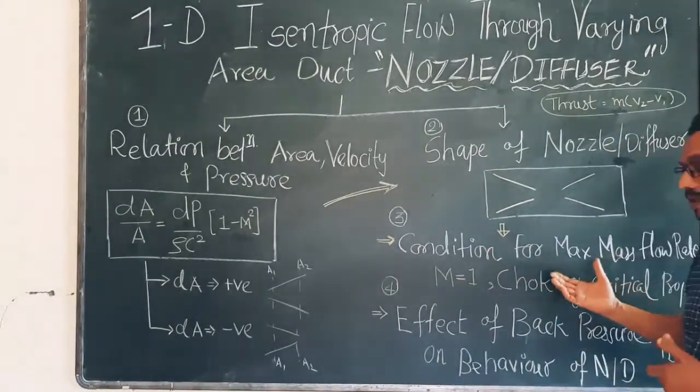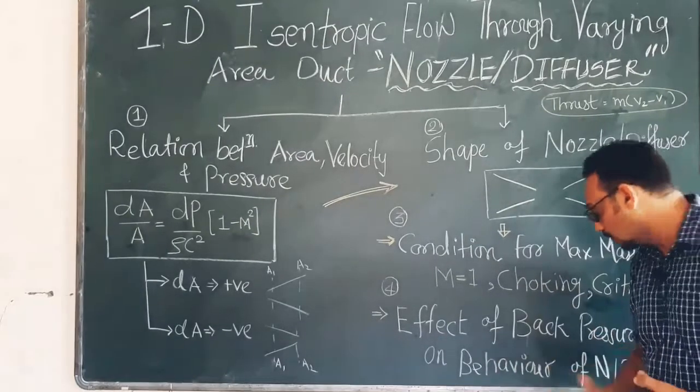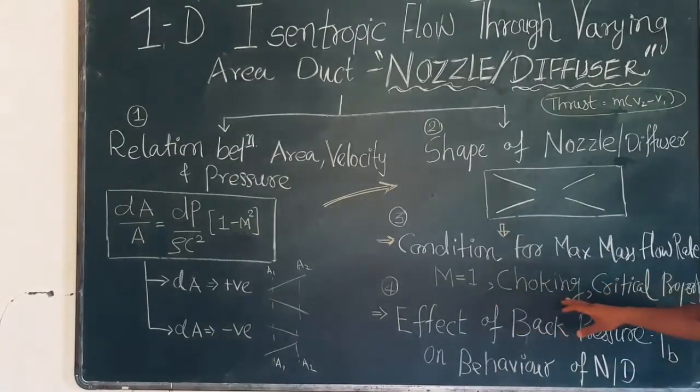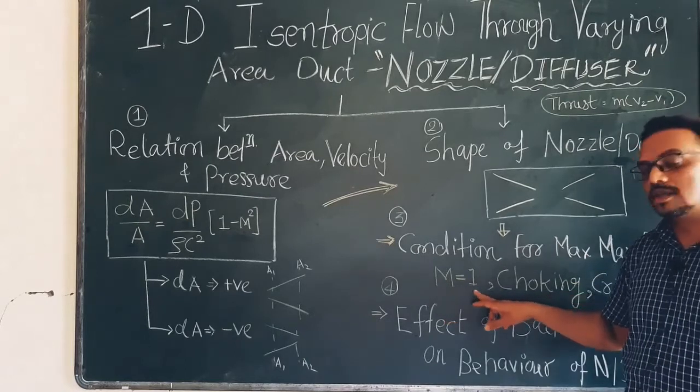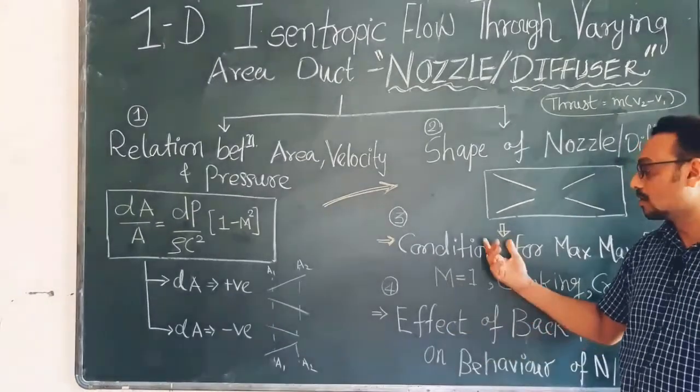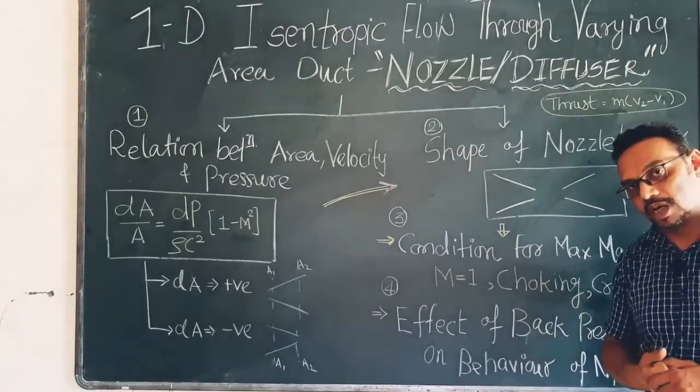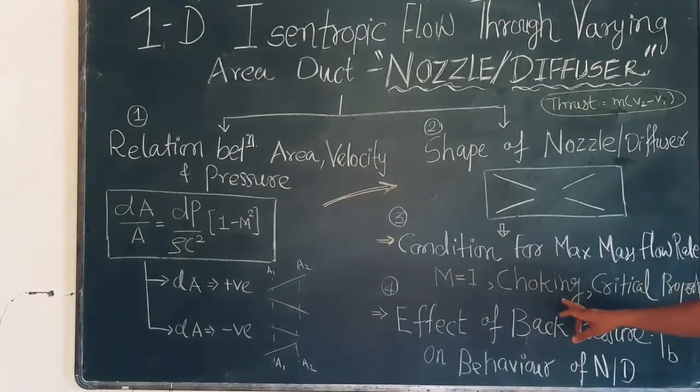And when your nozzle is delivering maximum mass flow rate, the nozzle is said to be in a choking condition. So choking, or choking behavior of the nozzle, is when your Mach number is equal to 1 at the throat and your nozzle is giving maximum mass flow rate. So that is basically choking.